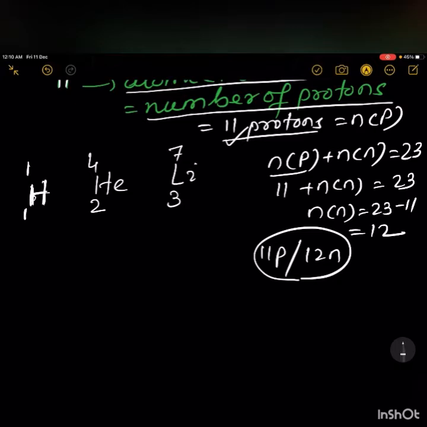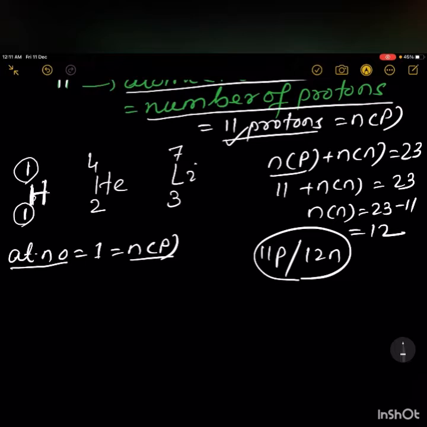In case of hydrogen, the atomic number is 1, mass number is 1. Atomic number equal to 1 is equal to the number of protons, because the number of protons is equal to the atomic number.